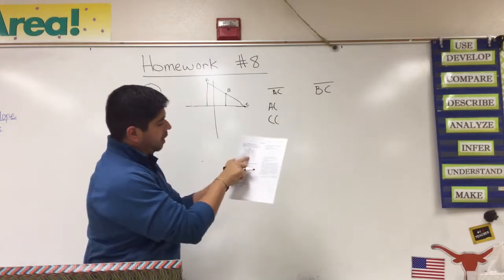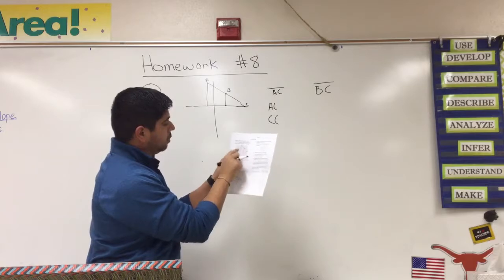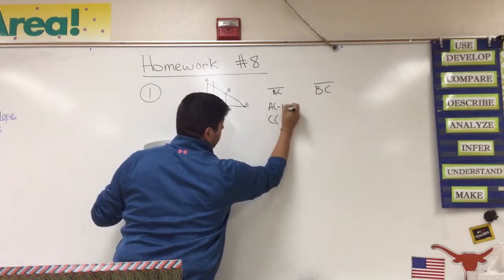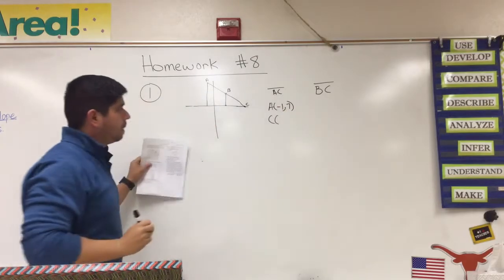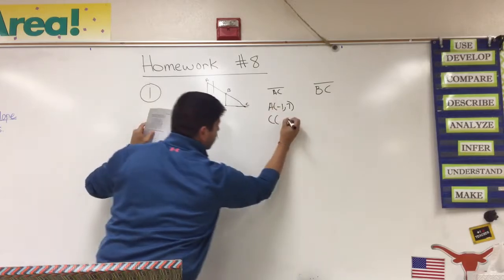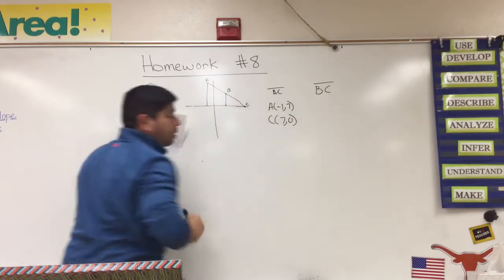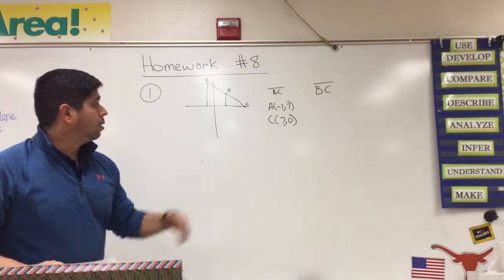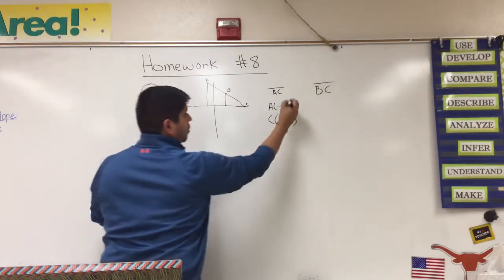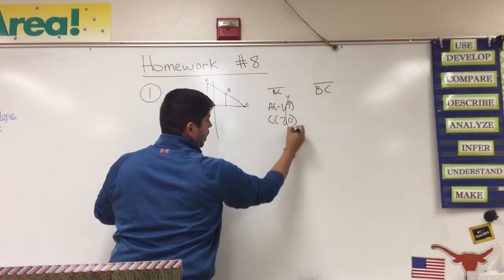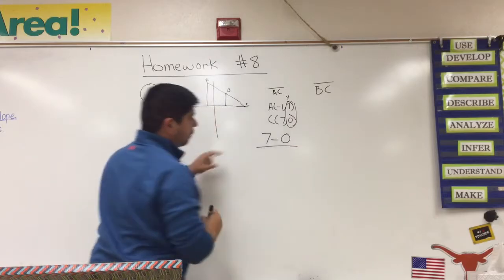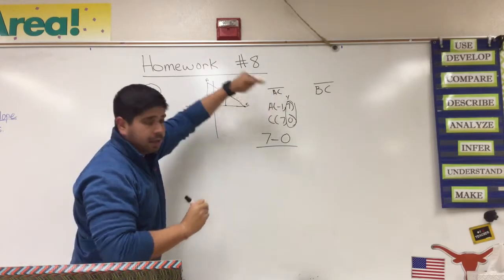So point A is -1, and then it goes up to 7. A is -1, 7. Then C all the way over here is at 7, 0. Okay, so once I have this, now I can do my y2 minus y1. Remember, the y's always go first on top. So this is going to be 7 minus 0 over -1 minus 7.